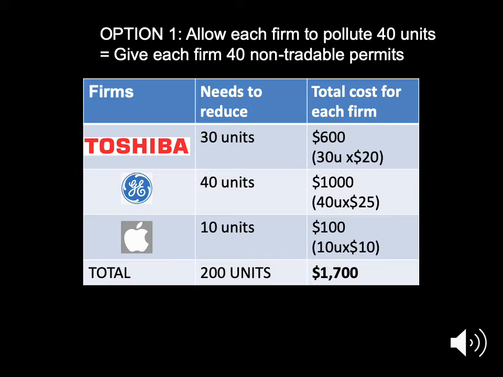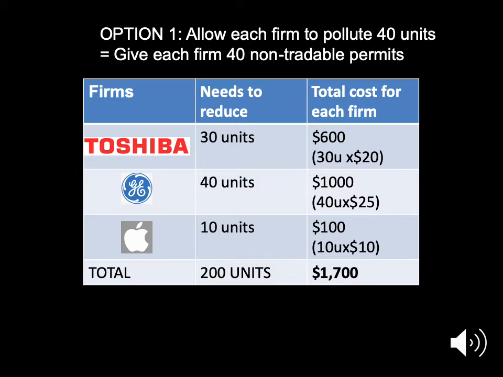For General Electric, they had 80 units of pollution, and they have to reduce 40 units, and each one of those units costs $25. So their total cost of reducing pollution for General Electric is $1,000.